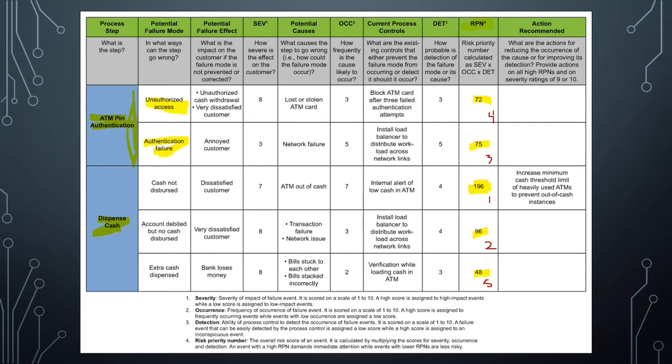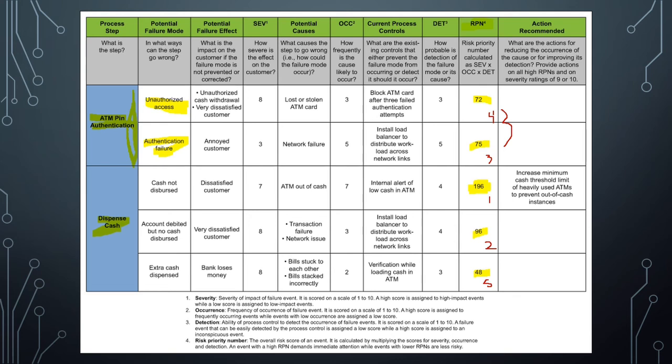So something important to note too, this is getting into the details a little bit, but I still want to cover it. If you have two items where the risk numbers are similar, right, we have a 72 and a 75, so these are pretty close. What you would want to do is say, what are the actions that we could take to prevent these? And then take the faster or the easier action.